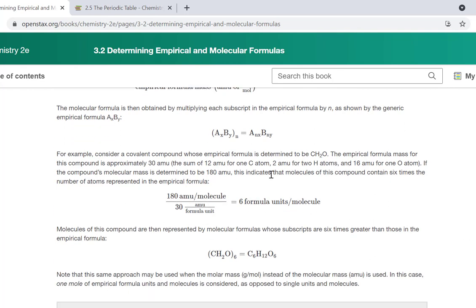So let's say we have a compound and we know its empirical formula is CH2O. And so what we would do is we would find the empirical formula mass by adding these together, again, what we did in the previous section. And it's about 30.